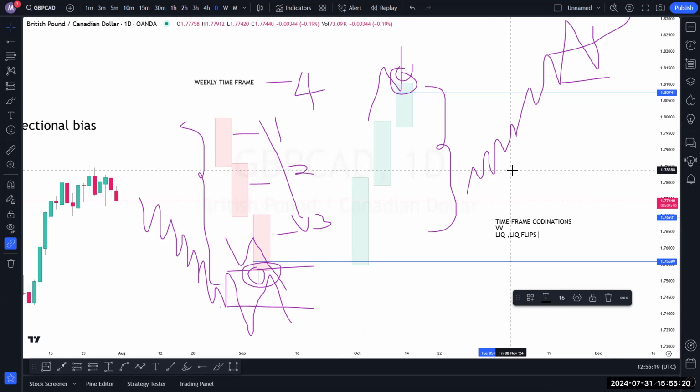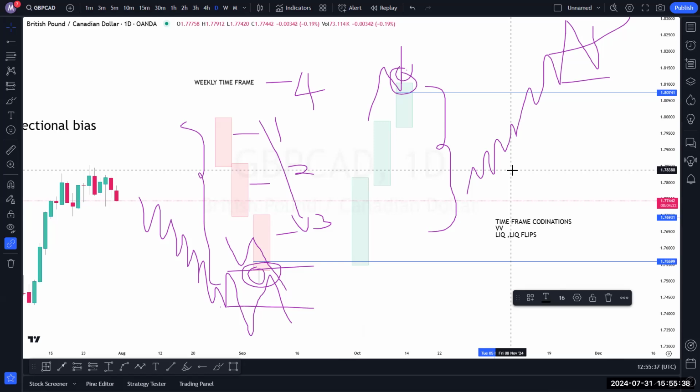We consider the way price has been moving on the constant time frame before deciding anything else. That's how we scale in those entries using the validation and the invalidation levels.